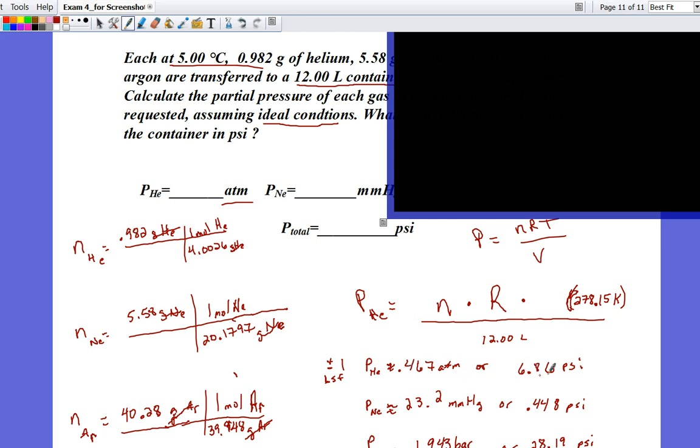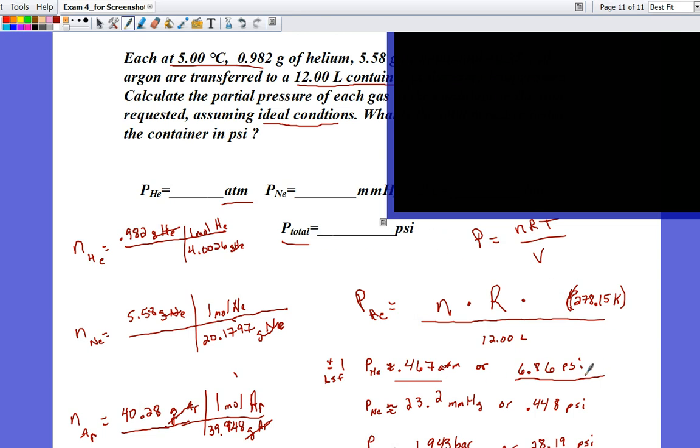And then convert that to psi. Now the chart that I used for this was the one from the back cover of your textbook, where it had the equivalencies of standard pressure, knowing that 1 atmosphere was standard pressure, and that was equivalent to 14.70 psi. I was able to make this conversion from atmospheres and go ahead and get its equivalence in psi, because I know later I have to do total pressure in psi.